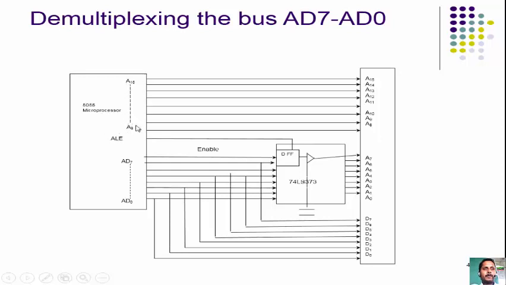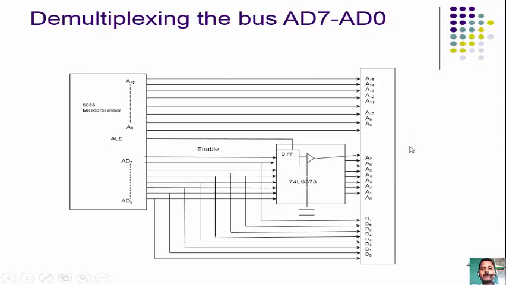A8 to A15 lines are non-multiplexed, so directly they are connected to the peripheral which is available at the right hand side. In this diagram what kind of peripheral it is is not mentioned, either a memory device or any input output peripheral or any IC. So this is about the simple demultiplexing logic.